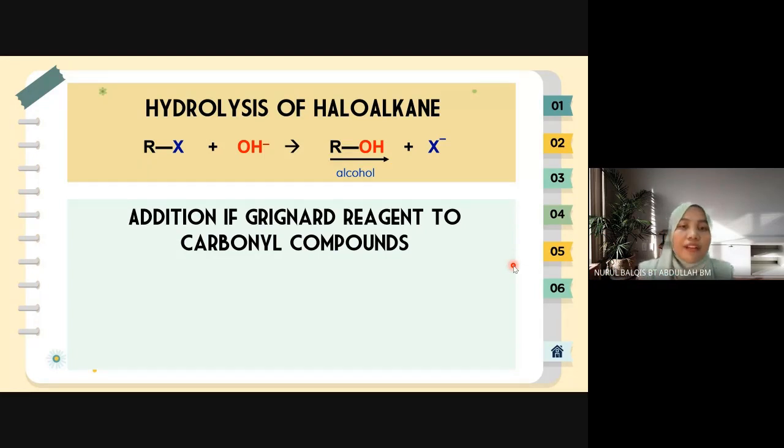So additions of Grignard reagents to carbonyl compounds, what does it produce? If we add Grignard reagent to a carbonyl compound, what do you want to produce? Will it form only one type of alcohol, or 2 or 3?